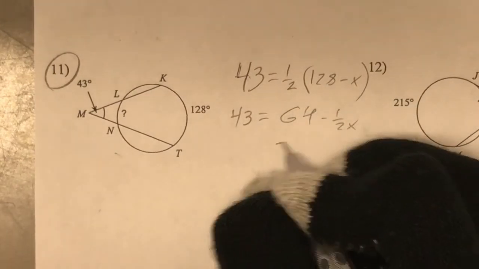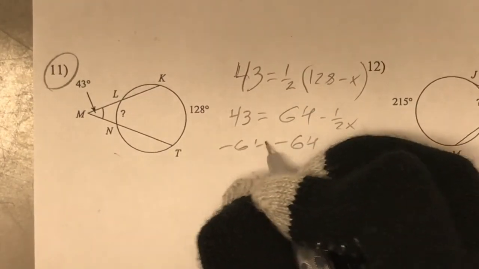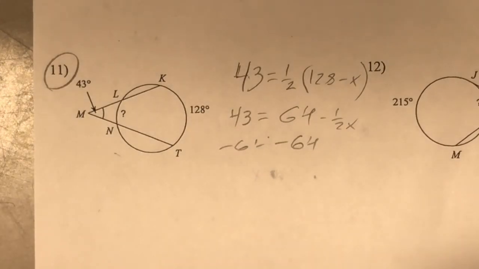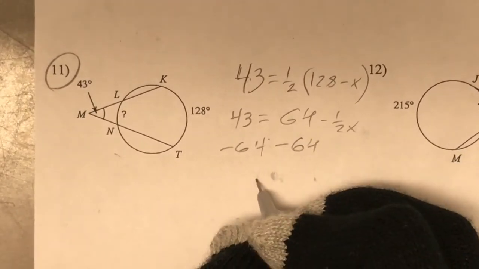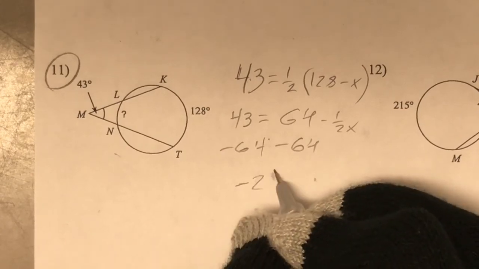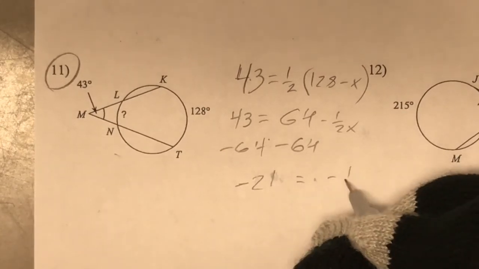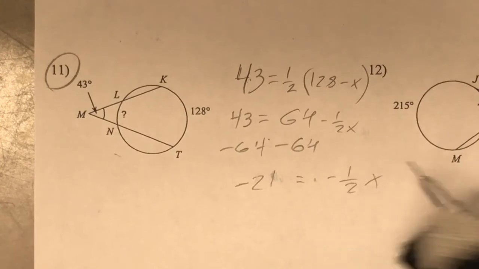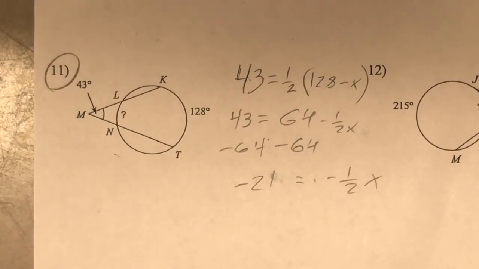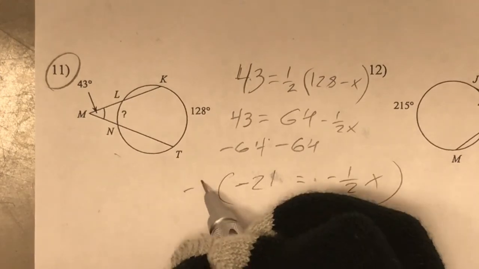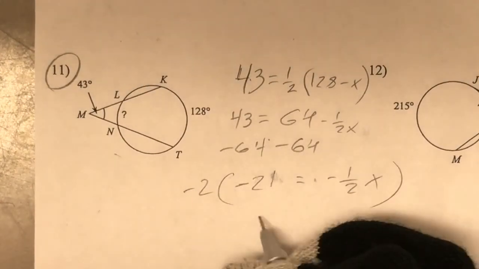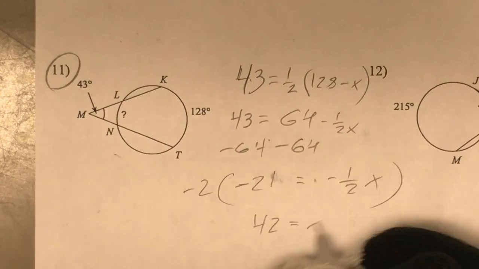And then you try to isolate x. Something different that we don't usually get is right here we have 2 negative numbers. Now, if you end up with 2 negative numbers, you can divide by -1/2 if you want, or you can multiply by -2. And you'll still come to the same answer, which is 42 equals x.